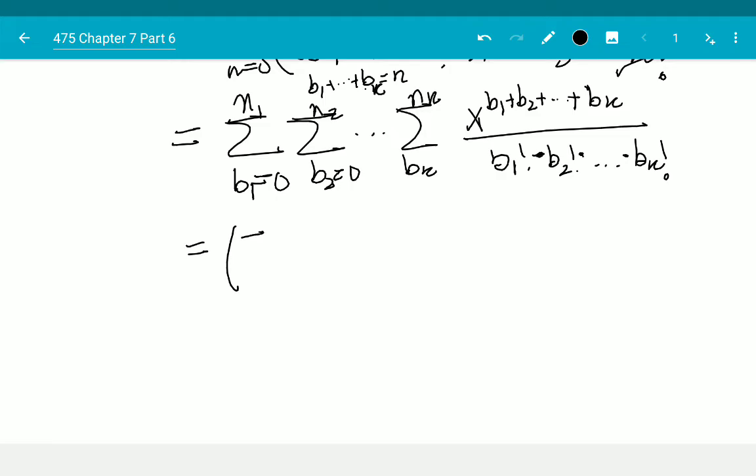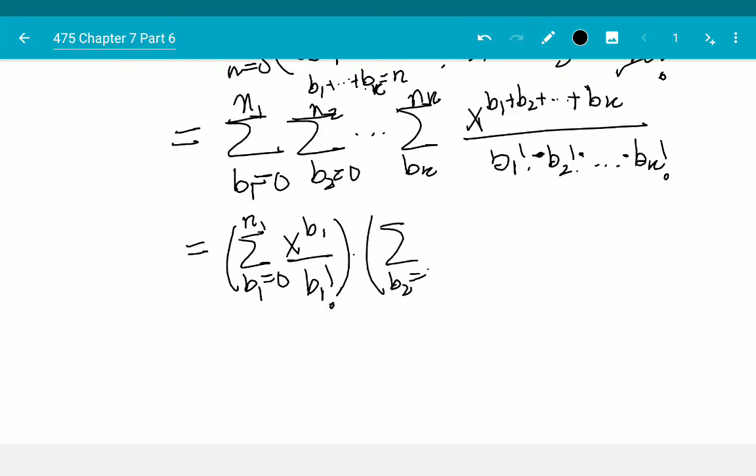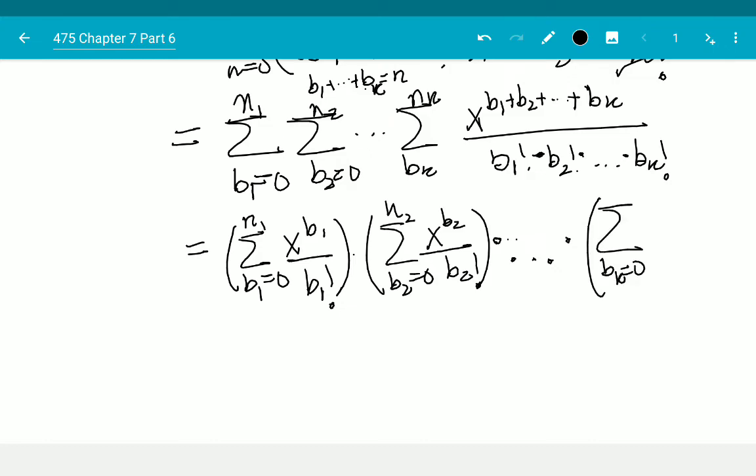We can write it as the summation b1 is equal to 0 to n1 of x to the b1 over b1 factorial, times the summation b2 is equal to 0 to n2 of x to the b2 over b2 factorial, multiplied by dot dot dot multiplied by the summation bk is equal to 0 to nk of x to the bk over bk factorial.